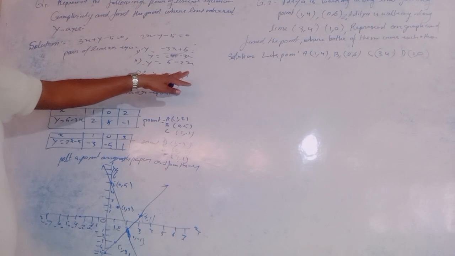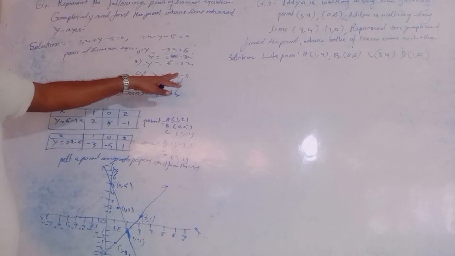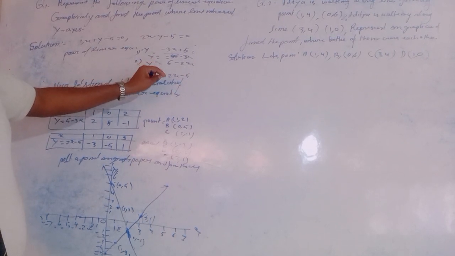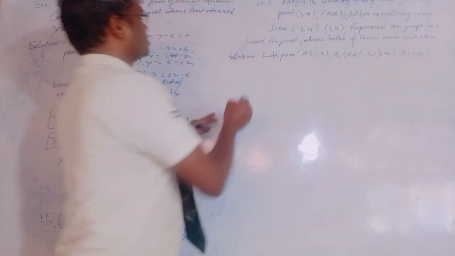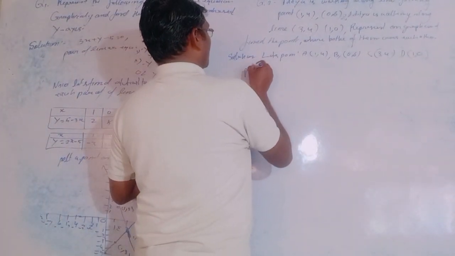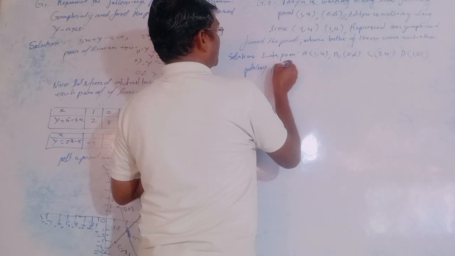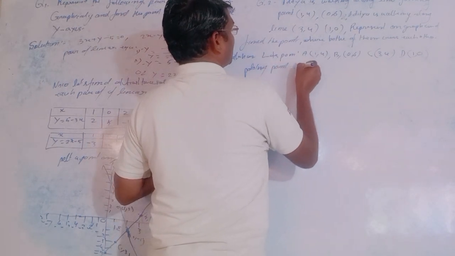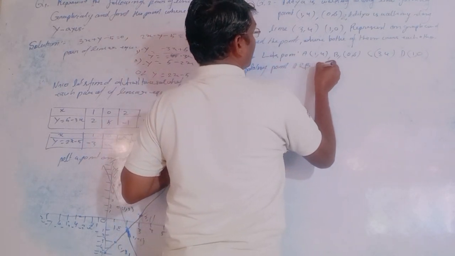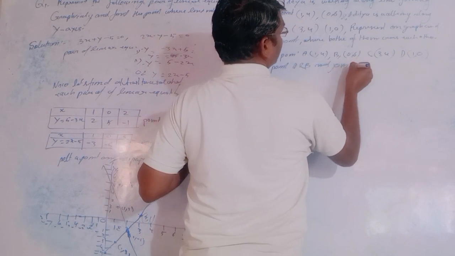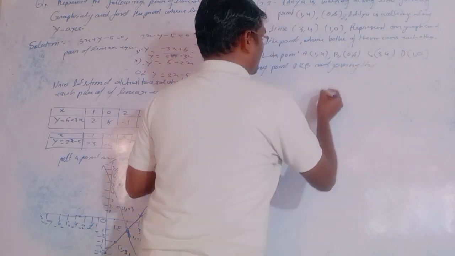So these are the points we have got here. So D is (1, 0). On plotting points A and B and joining them, plot here.